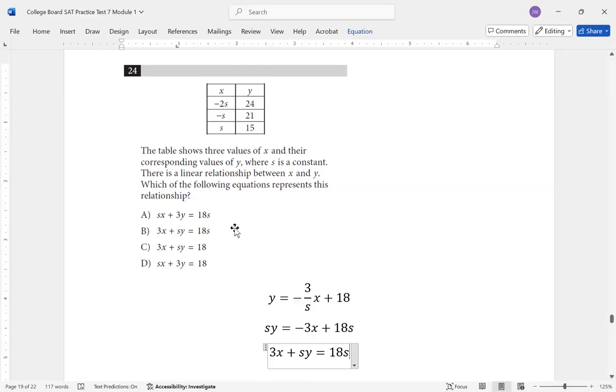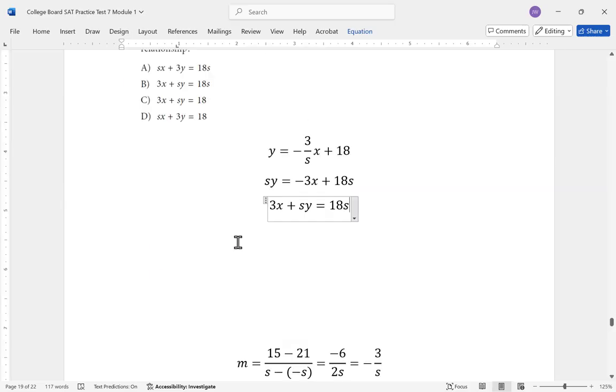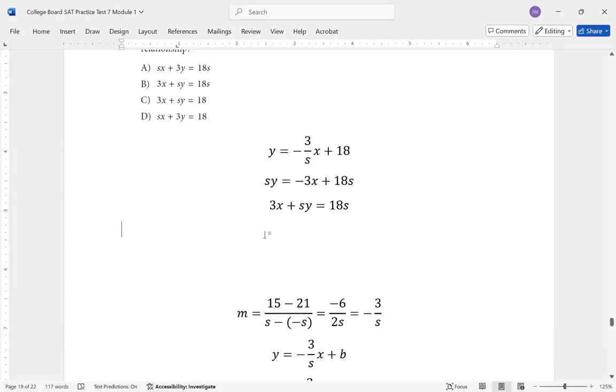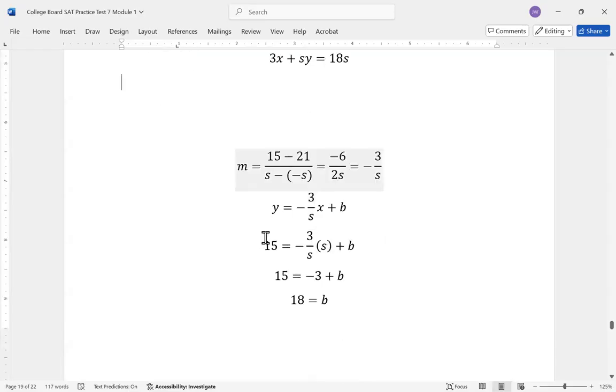And it turns out that if you plug in all of these ordered pairs, the only one you get a true statement for is option B. Plug in (s, 15) alone, and the only one you get a true statement for is option B. So if you wanted to do the plug in and check your answer, you could have done that as well. Obviously, I did not. Obviously, I found slope-intercept form.